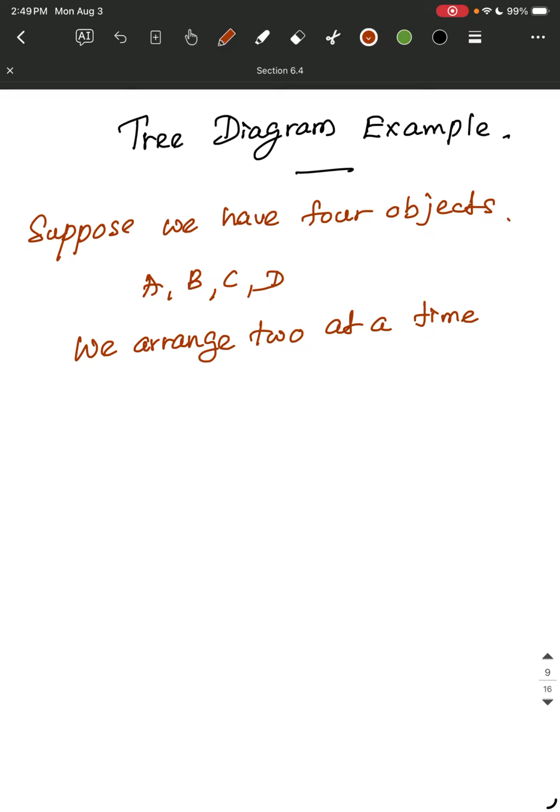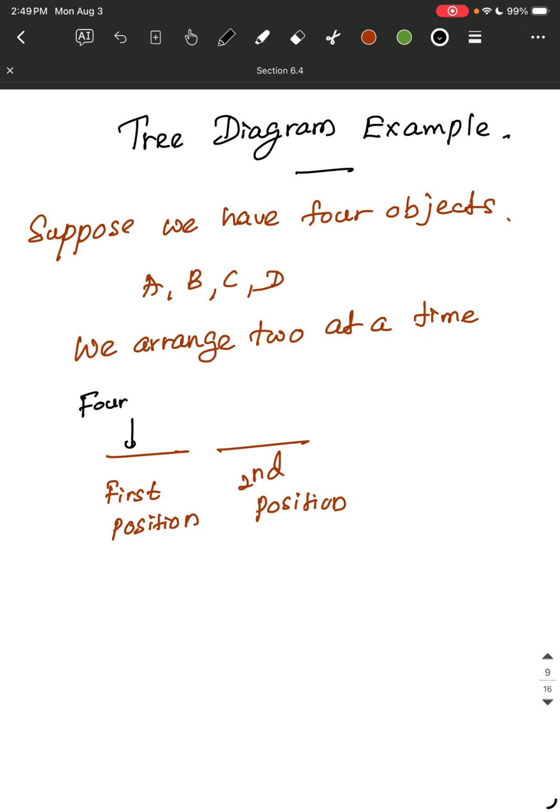First position, second position. For the first position, there are 4 choices, and after choosing one object, there are 3 choices remaining for the second position.